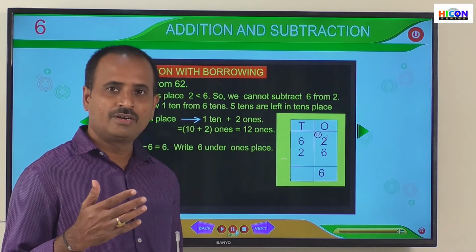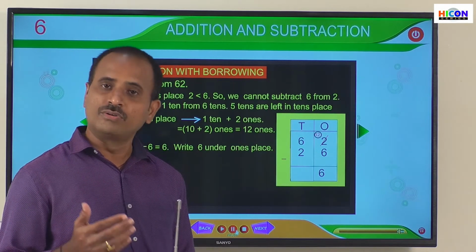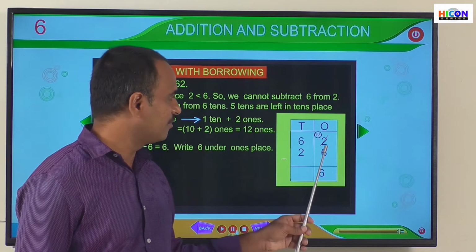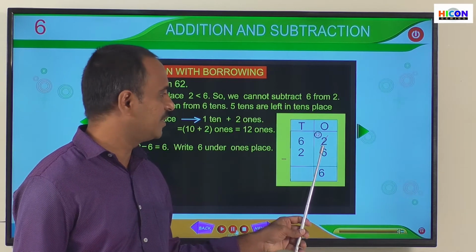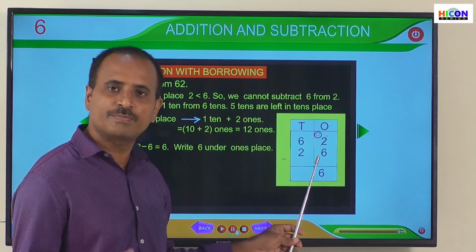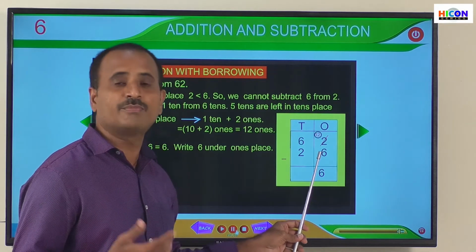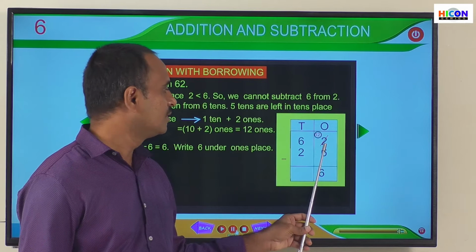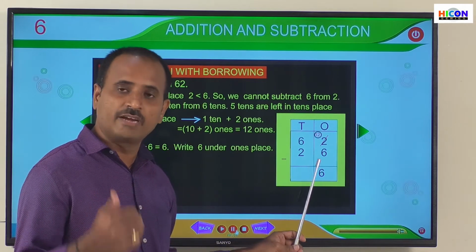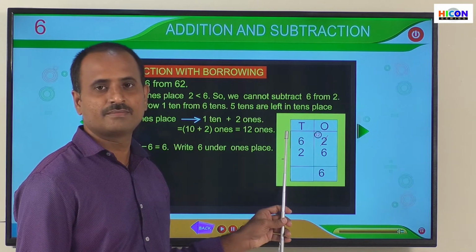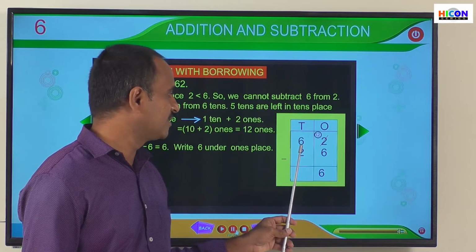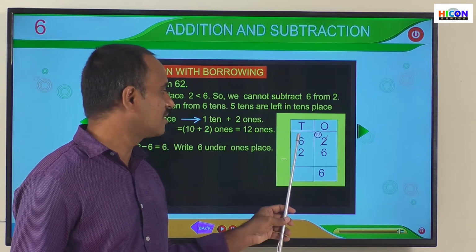Children, did you understand? So how to take borrowing? Here in the ones place, 2 is the smaller number and 6 is the greater number. We cannot subtract a greater number from the smaller number. So here we have to take borrow from the next place. In the next place there is 6, that means there are 6 tens.